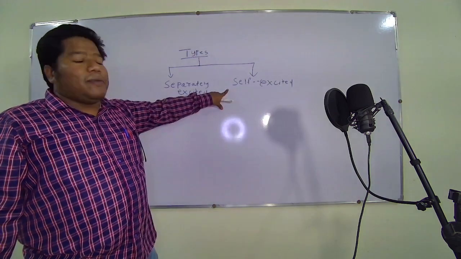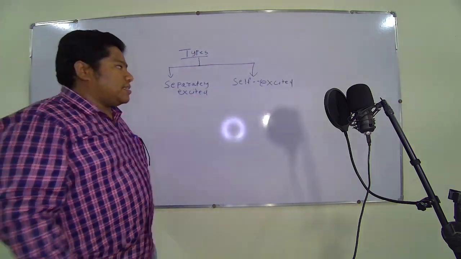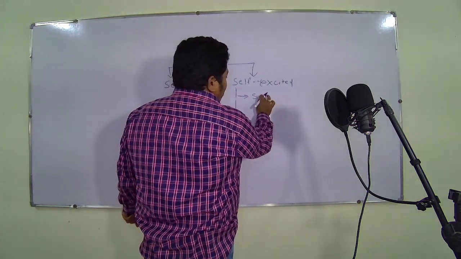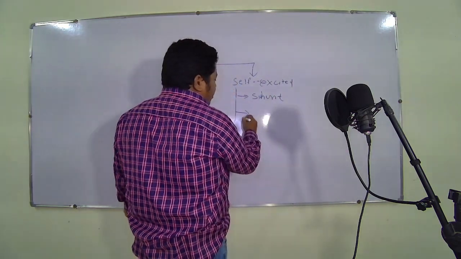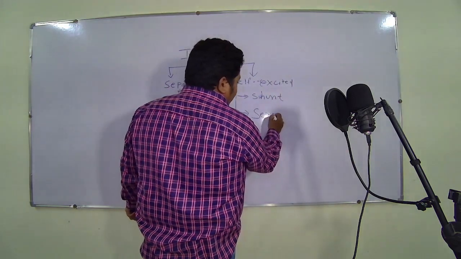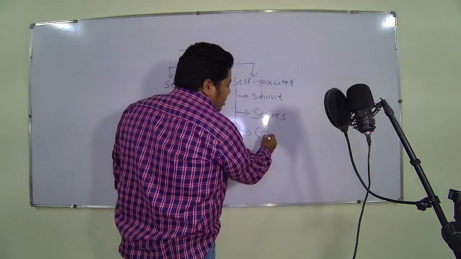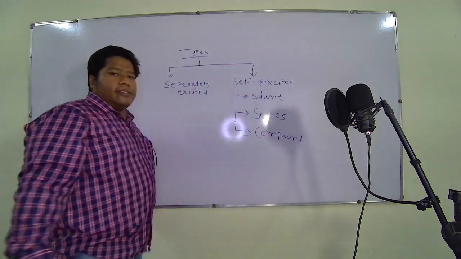Again, self excited DC machine can be classified into three types. First one is shunt DC generator, then series DC generator, then compound DC generator.